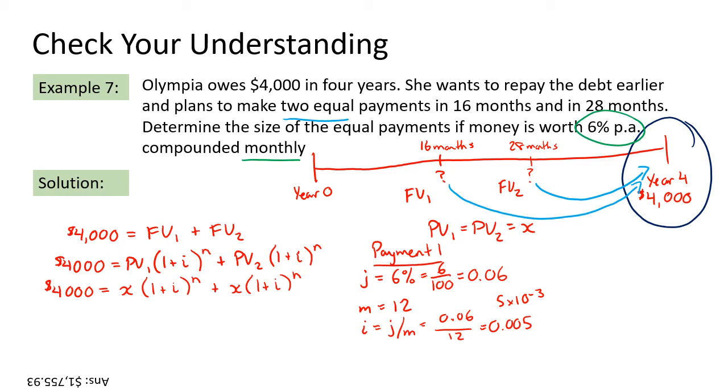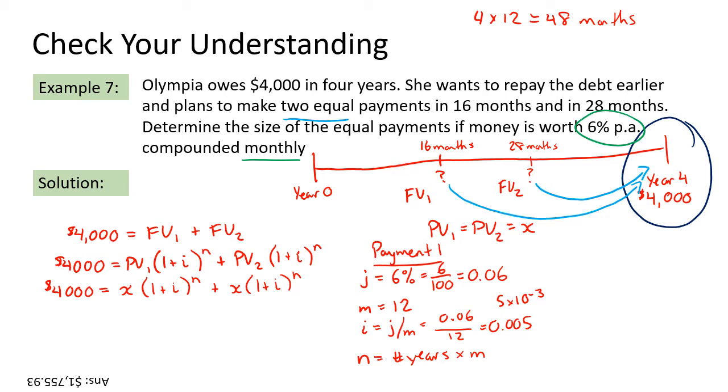Lastly, our number of compounding periods, N, is equal to the number of years multiplied by the number of compounding periods per year. So in this question, for this first payment, it's 16 months from now, all right? But the period we're talking about is 4 years from now. So 4 years multiplied by 12 months per year is actually 48 months.